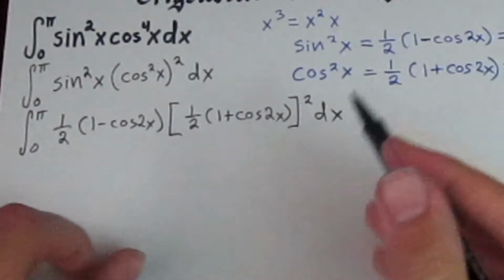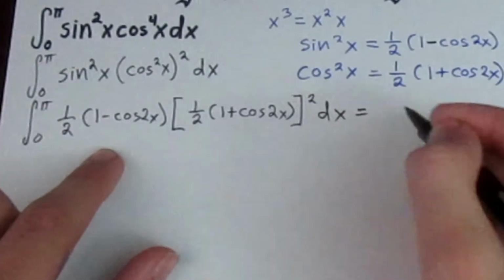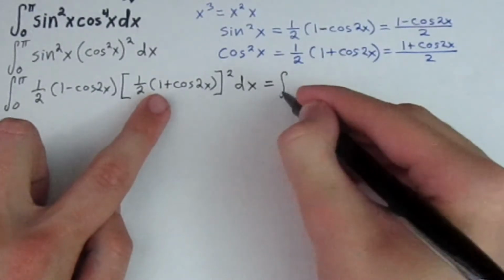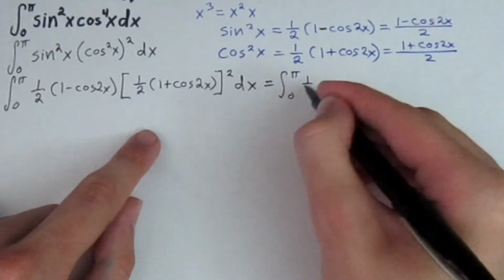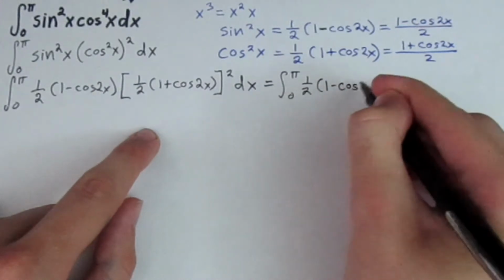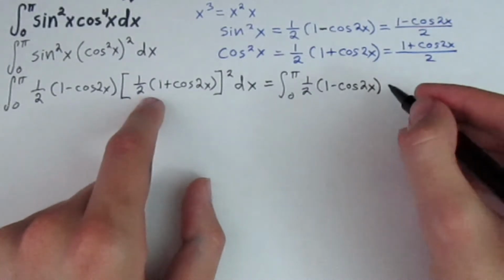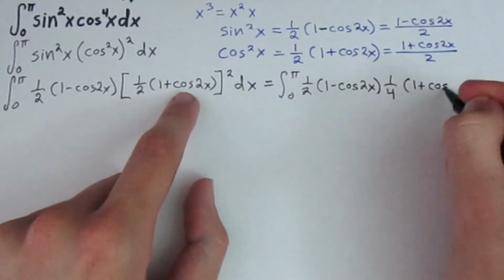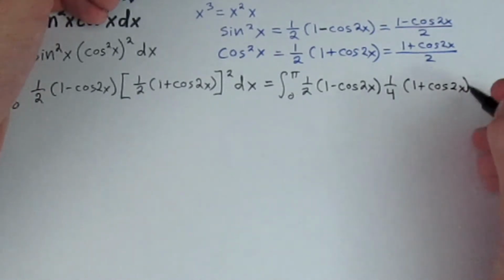Then I'm going to go ahead and square this, and that equals the definite integral from 0 to pi, 1/2 times the quantity 1 minus cosine 2x times 1/4 times 1 plus cosine of 2x quantity squared dx.